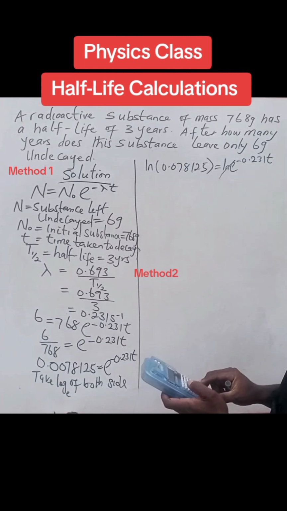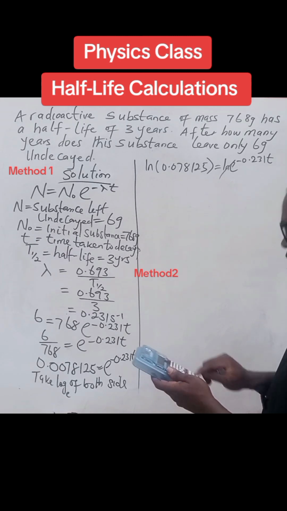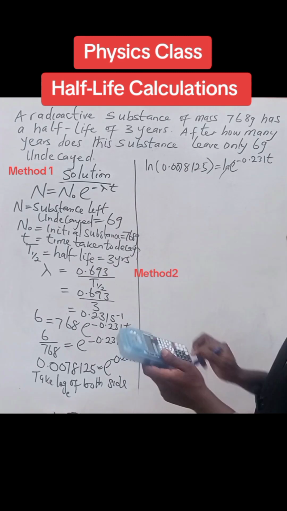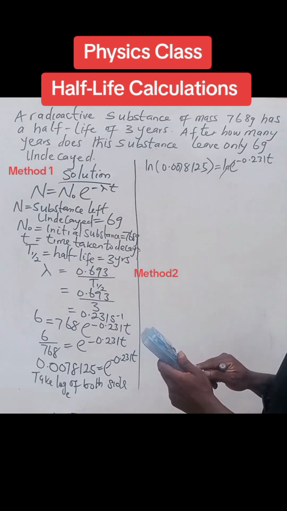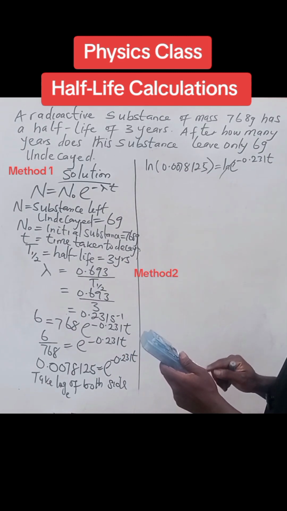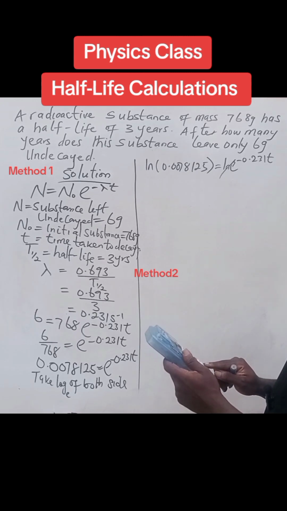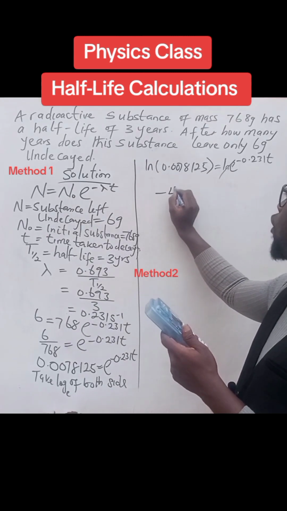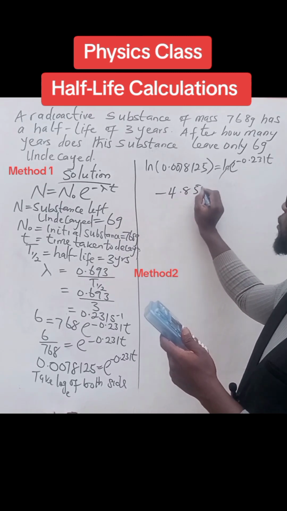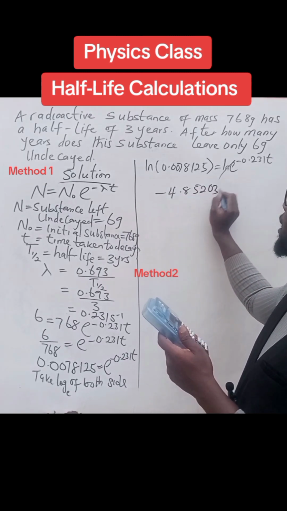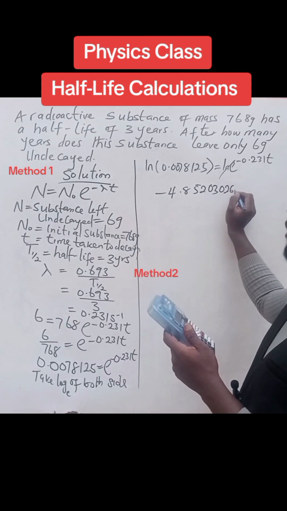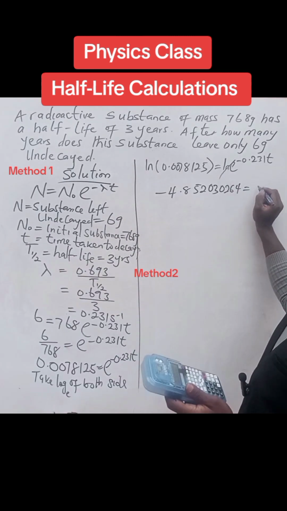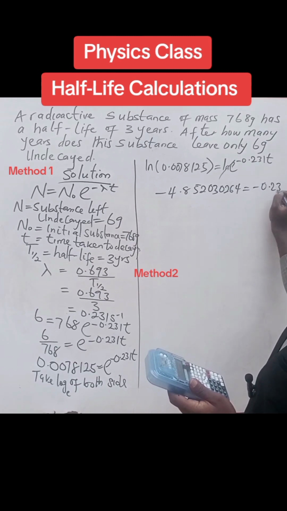Press your calculator, ln of 0.0078125, and we have minus 4.852030264 equals minus 0.231 t.